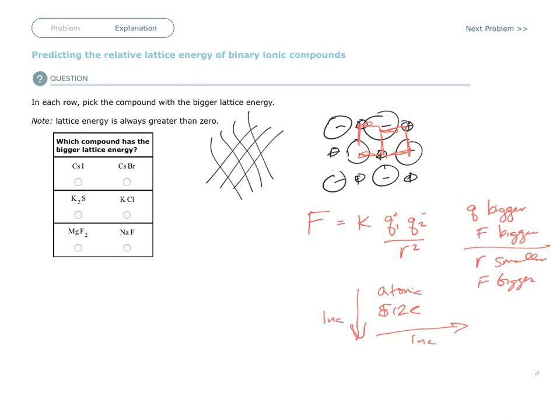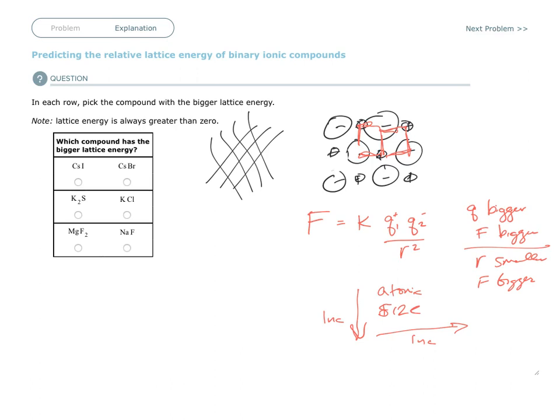Which compound has the bigger lattice energy? All right, so the first one they're looking at is cesium plus iodine and cesium plus bromine. Well, bromine is above iodine on the periodic table. It's one above it.